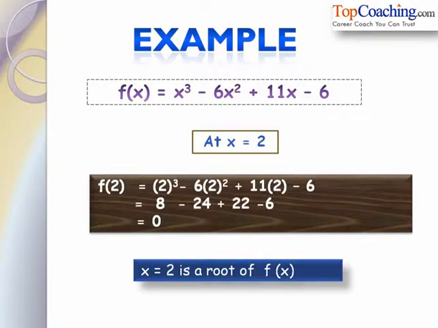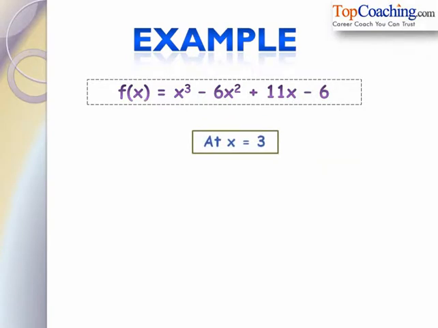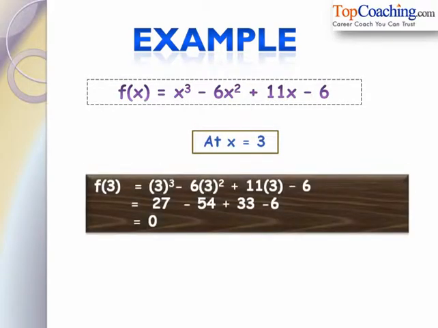Now, let us check out the value of f(x) at x equal to 3. For that, again we replace x by 3, and what we get is f of 3 equal to 3 cube minus 6 into 3 square plus 11 into 3 minus 6. Now 3 cube gives 27, this gives 54, this gives 33, and this remains the same.